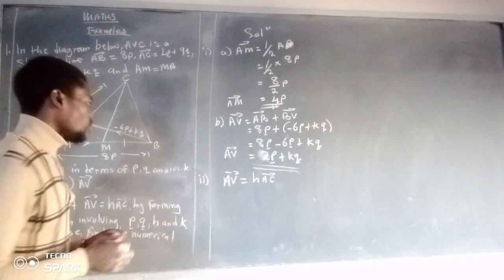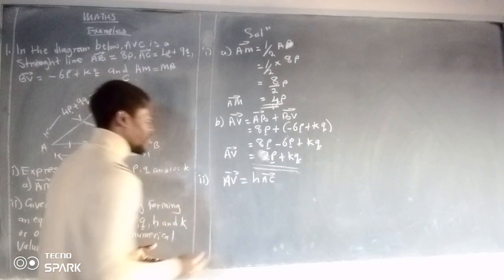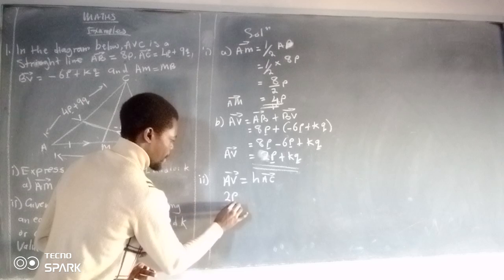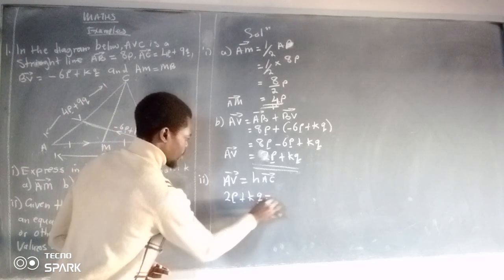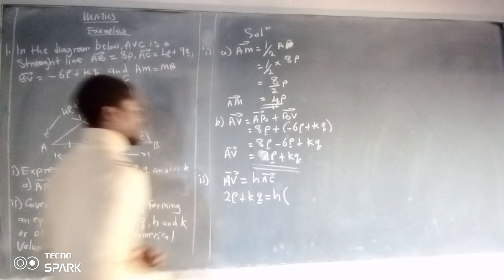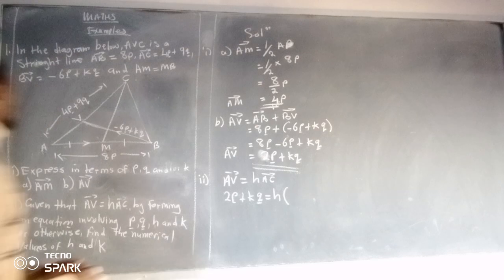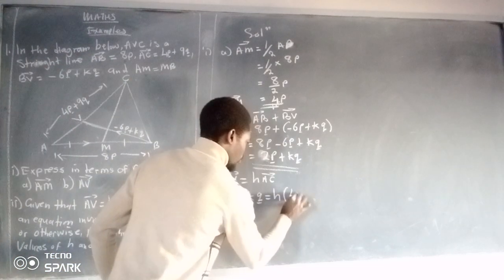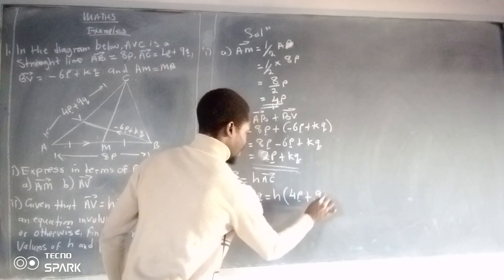Form an equation. So AV we have there. What is AV? AV is 2P plus KQ, equals H times AC. What is AC? AC from there we have been given 4P plus 9Q.